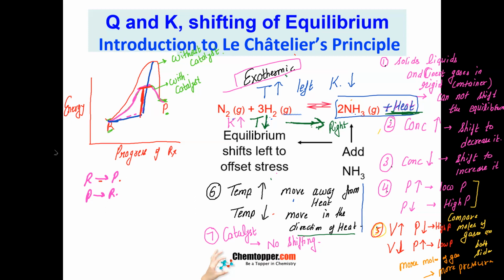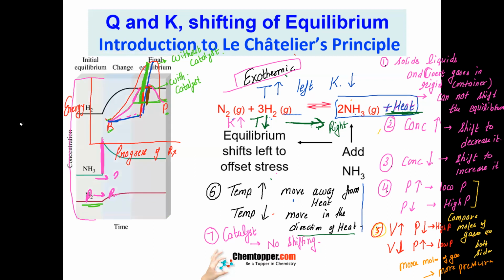Now let's see the reverse, product to reactant. Earlier the activation energy was this much. After adding catalyst, the activation energy is this much. So don't you think the activation energy has been lowered in both the ways?